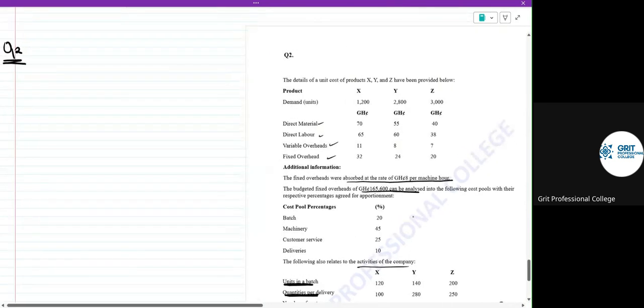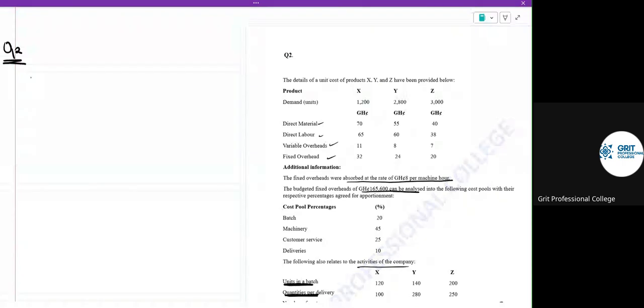So let's dig down. This one has no traditional costing system, just ABC. Again, I'll start with my steps. Step 1, identify the cost pools. You were given information about the cost pools.